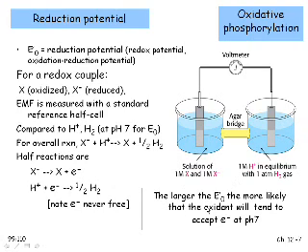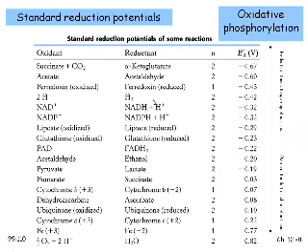The way of thinking about this is that the larger the redox potential, the more likely it is that the oxidant will tend to accept electrons at pH 7. So a large E0 is going to make it likely that the oxidant will accept electrons, will oxidize other things. We can get a little bit of a feeling for that by looking at some standard reduction potentials.